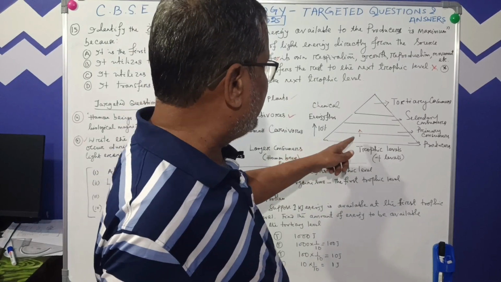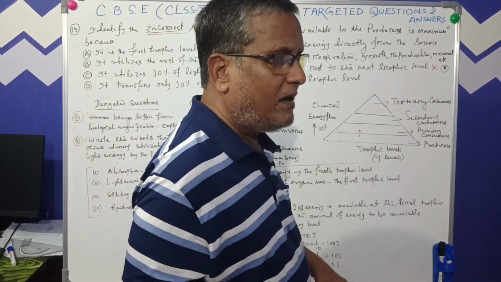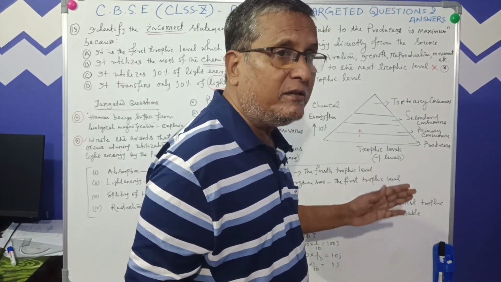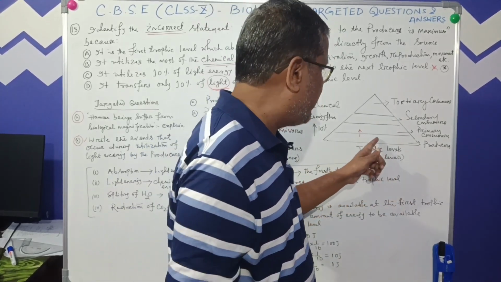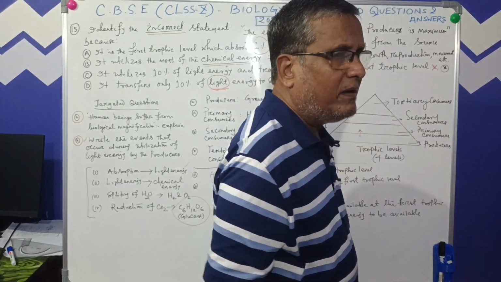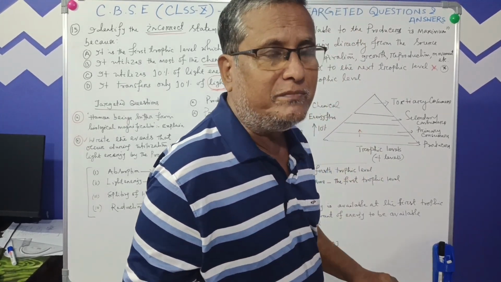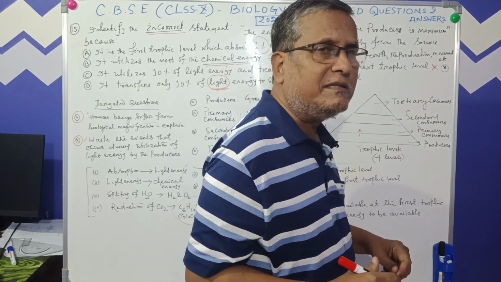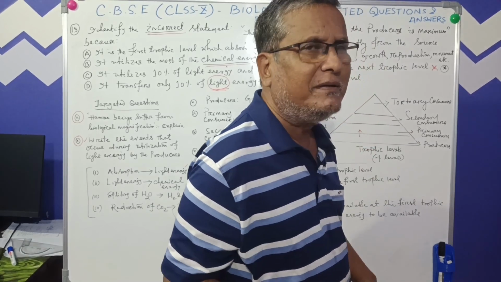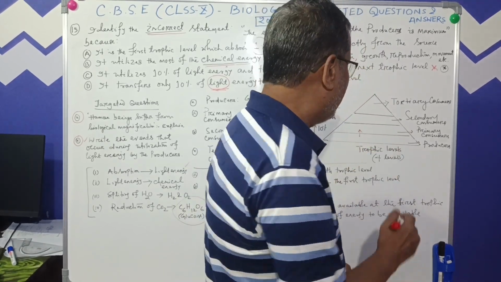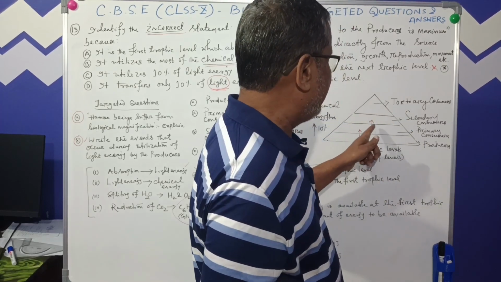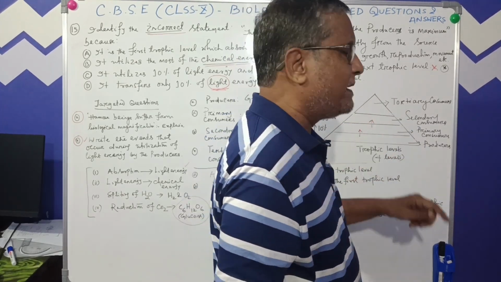So primary consumers get 10% of the chemical energy that is produced by the autotrophs or the producers, and they also utilize 90% of the energy received from the first trophic level. Then the rest 10% they transfer to the next trophic level.